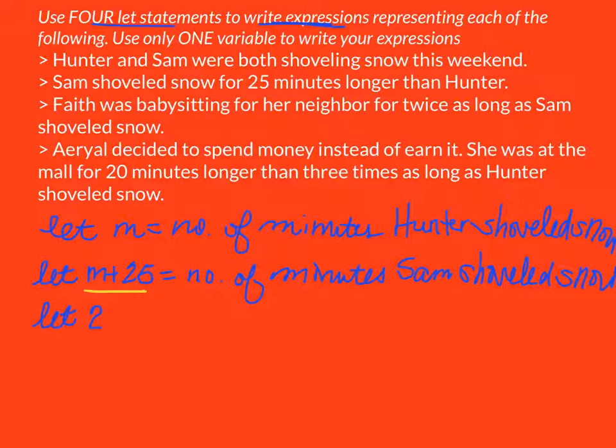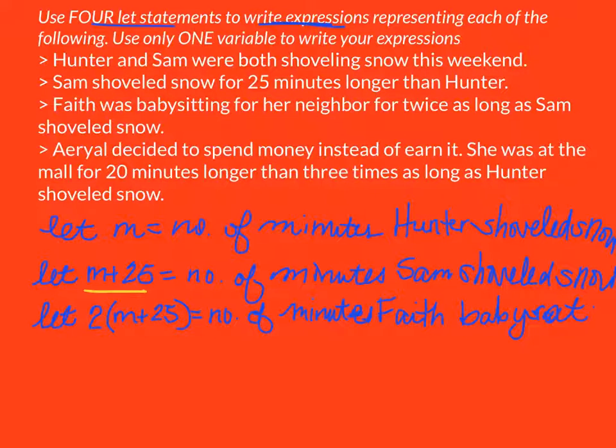So we're going to have let 2 times the quantity of M plus 25 equal the number of minutes Faith babysat. It's irrelevant that she babysat and Hunter and Sam were shoveling snow because we're comparing the number of minutes that they did something.